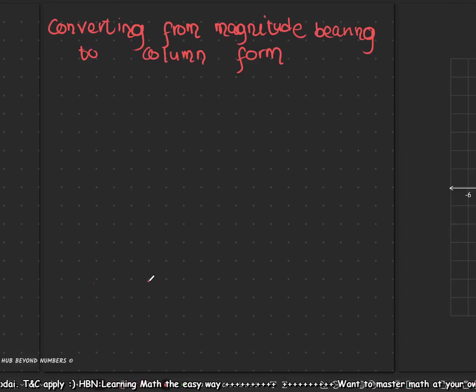When we want to convert from magnitude bearing to column form, it means the vector has been given to us in the form of its magnitude and bearing. An example is what I'm going to write over here.